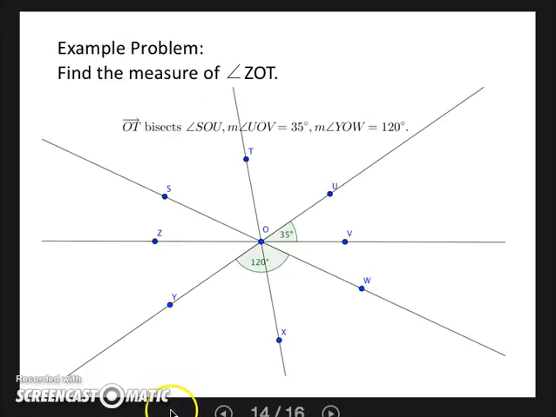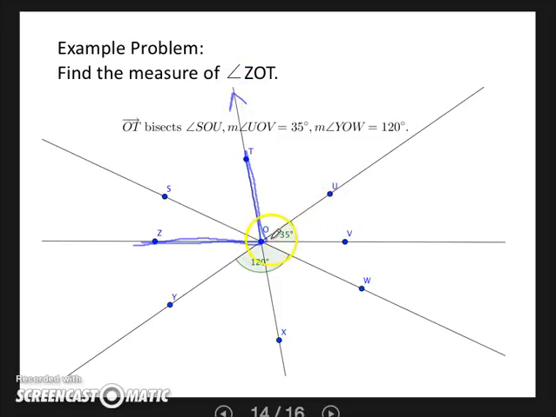Okay, here's another example problem. Let's find the measure of angle ZOT. This is the angle that we're looking for. We're given the information that ray OT bisects angle SOU.